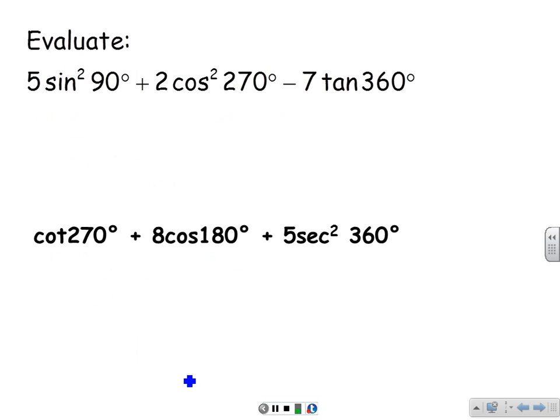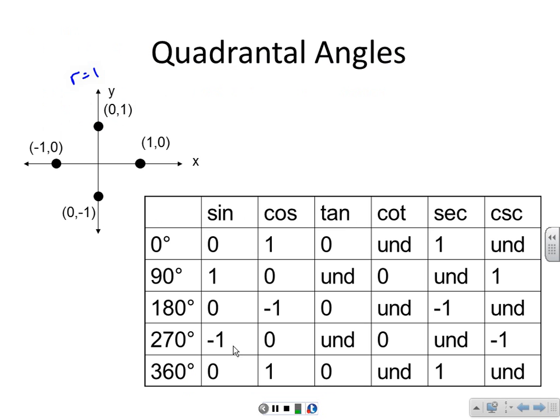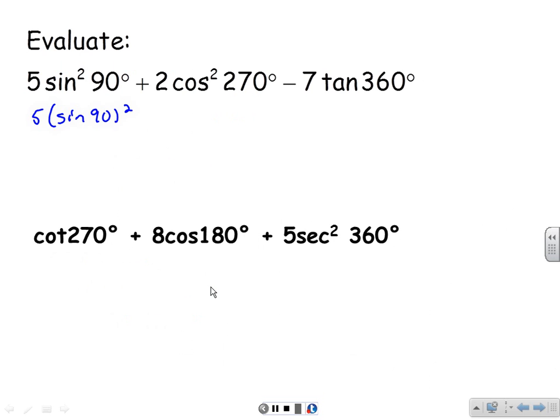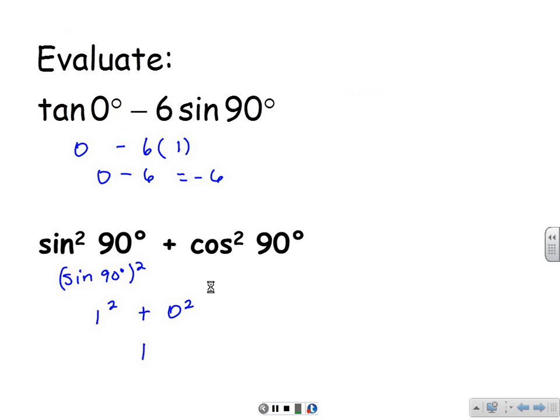Alright, so what about this one? We have 5 sine squared 90 degrees. So we need to do 5 times sine of 90 degrees squared. Well, again, sine of 90 degrees is 1. So that's going to be 5 times 1 squared plus 2 times cosine of 270 squared.